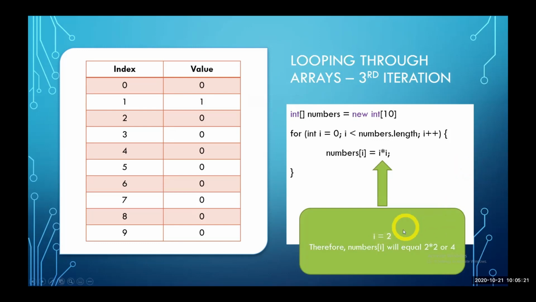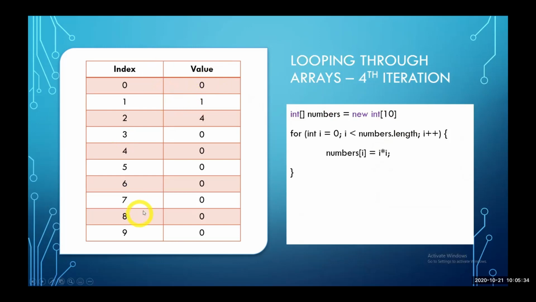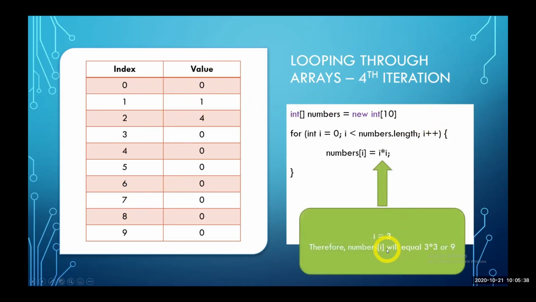Numbers at index 2 will equal 2 times 2, or 4. And you see that right there. Again, we can change the index all the way through. On the fourth iteration, i equals 3. Numbers at 3 will equal 3 times 3, or 9. There you go.